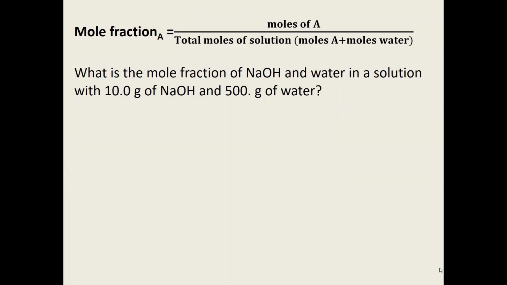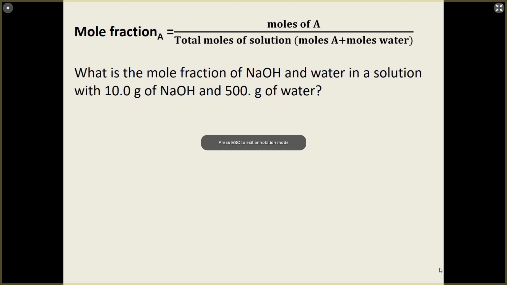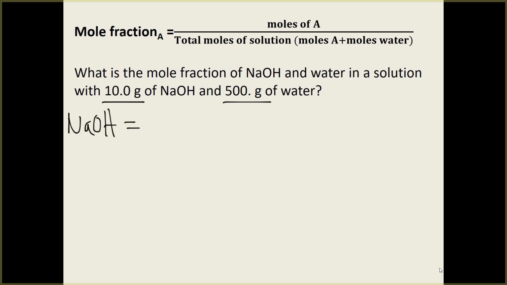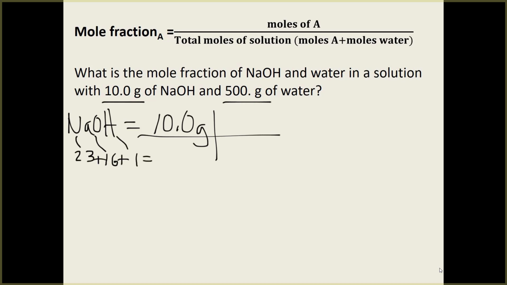So let's do one more example. In this example, our values are given to us as grams, and so I would need to convert them to moles first in order to solve for that mole fraction. Let's go ahead and look at the NaOH. In my sodium hydroxide, I get 10 grams, and I'm going to add up on the periodic table all the molar masses, and I'm going to get 40.